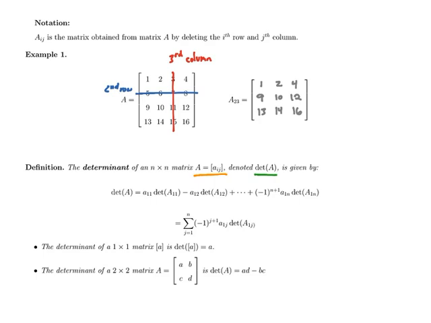So the determinant of A is going to be the entry in the first row, first column, times the determinant of the minor matrix A sub 1, 1. So that is deleting the first row and the first column, and then looking at the determinant of that smaller matrix. Then we're going to subtract A sub 1, 2.